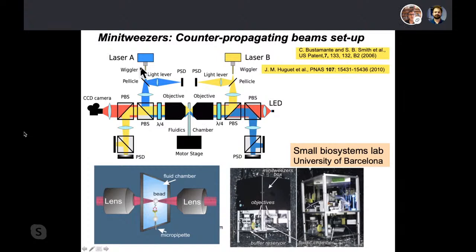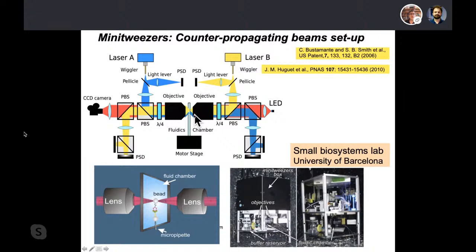Here in my lab in Barcelona, we use a device that consists of two counter-propagating beams in such a way that the counter-propagating principle permits us to relax the high numerical aperture condition of the objectives.